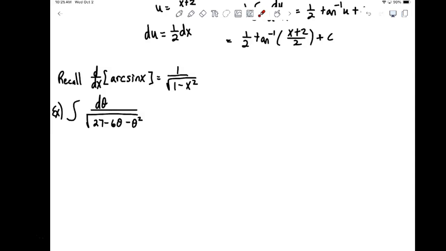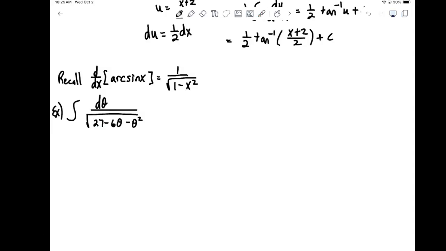So it's a problem. But if I can rewrite this as something minus a quantity squared polynomial, then I can eventually transform it into an integral that will result in an arc sine. So that's what we're looking for now: we want to complete the square.